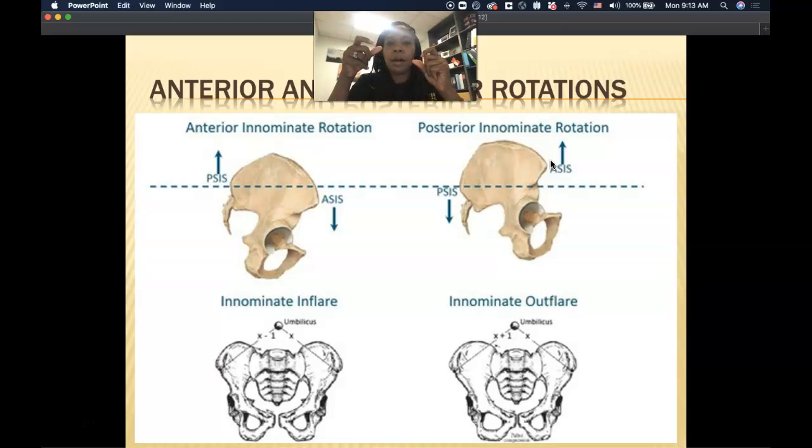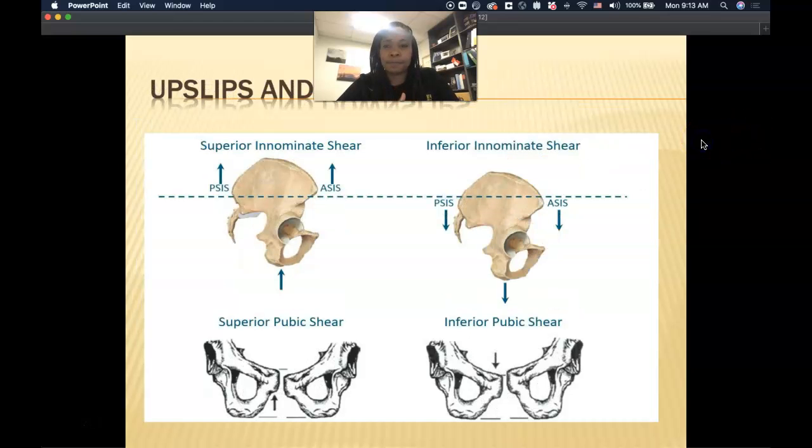You can also have the case where a patient has opposite rotations, right? So maybe you have an anterior rotation on the, what is this, my left side, and then a posterior rotation on the right side. And so then you get sacral shearing, which would not be good. But most often it's a unilateral rotation that we see at the SI joint occurring.